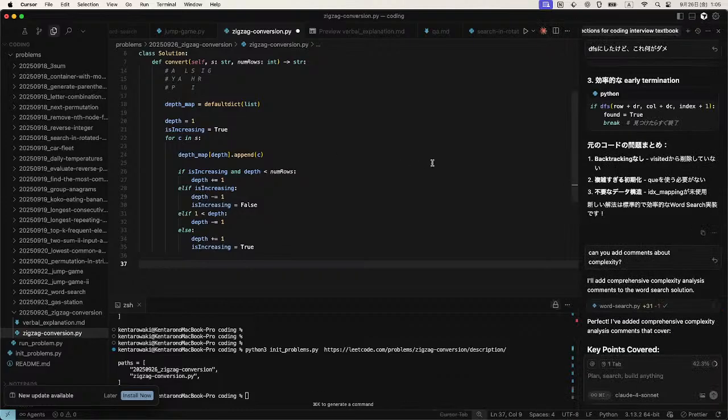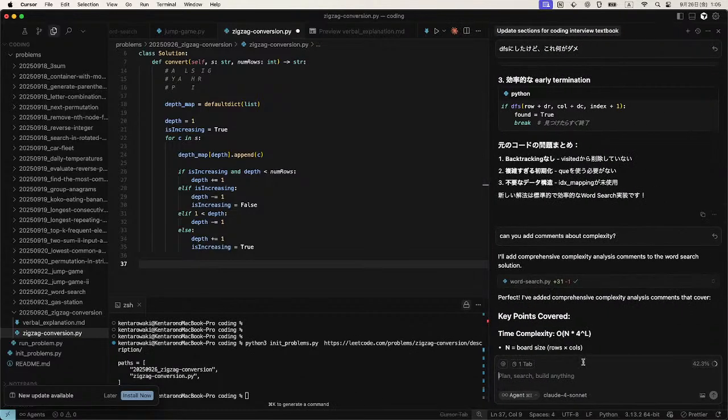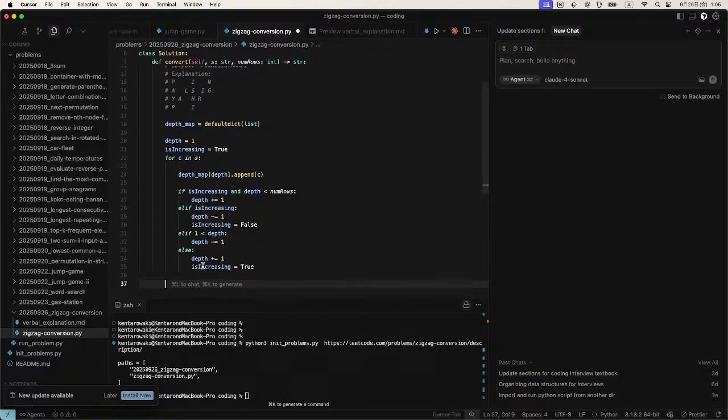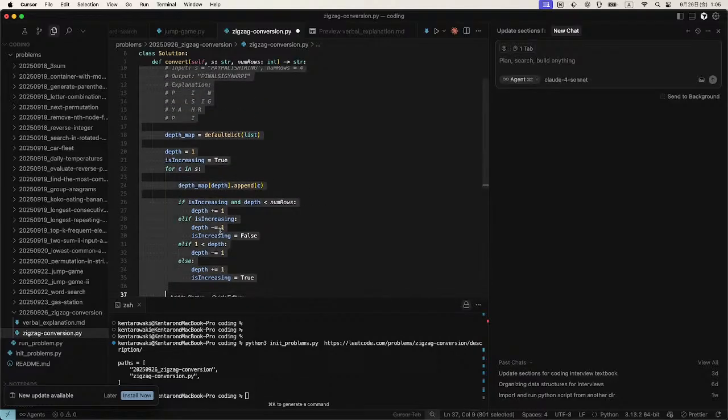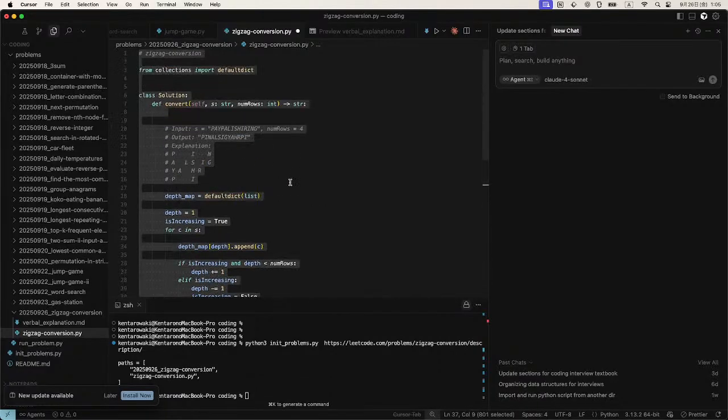Let me ask. I'd like to sort hash map by key and iterate them.